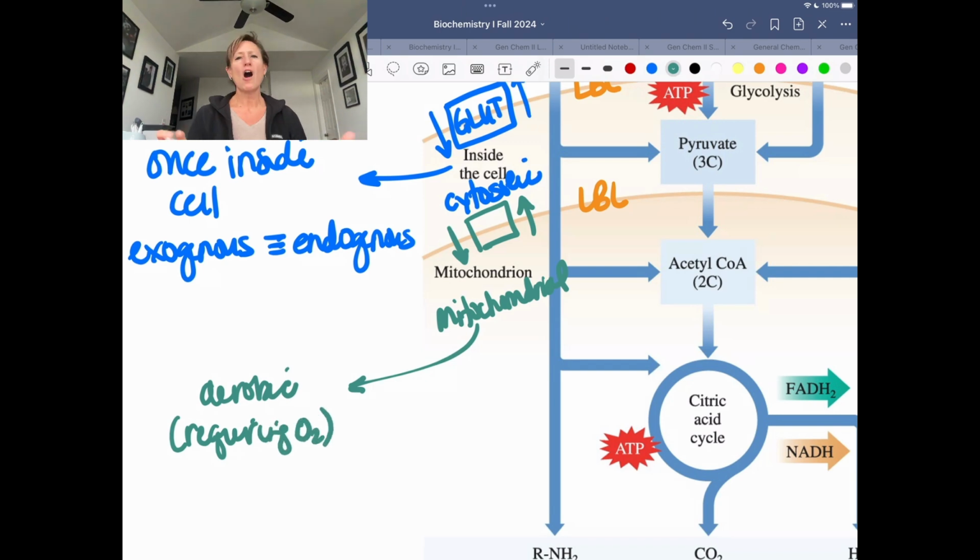We're always going to have exceptions to rules, but in general, we're going to learn things under this umbrella of what is generally the case. When you do biochemistry in the mitochondria, it tends to be under aerobic conditions.